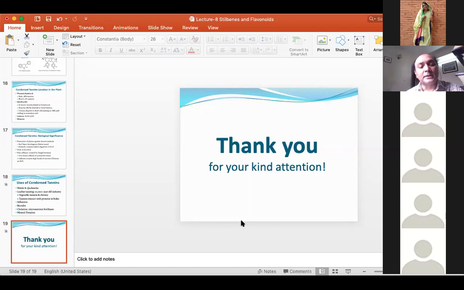Pine and some other plants, especially timber-yielding plants, the hardwood means the internal portion of the wood, the center of the trunk, are rich in stilbenes, and this helps us make different furniture because the wood quality dramatically increases if it contains a higher amount of stilbenes. So stilbenes are industrially important in wood and furniture, especially because the quality of timber is highly improved by their presence.